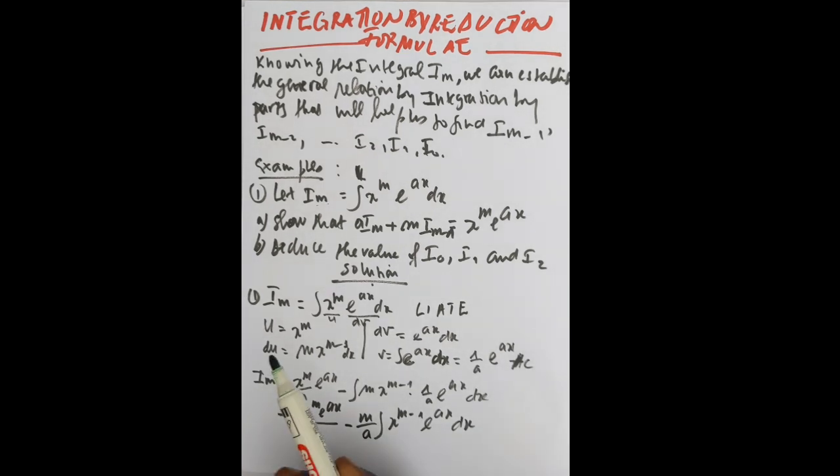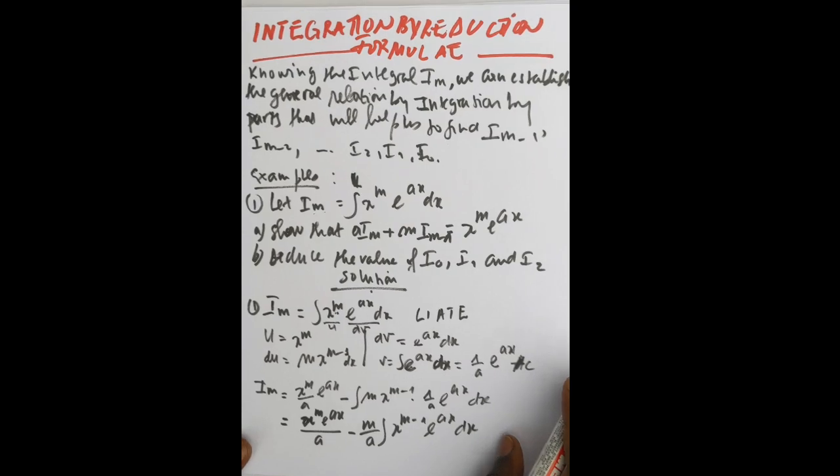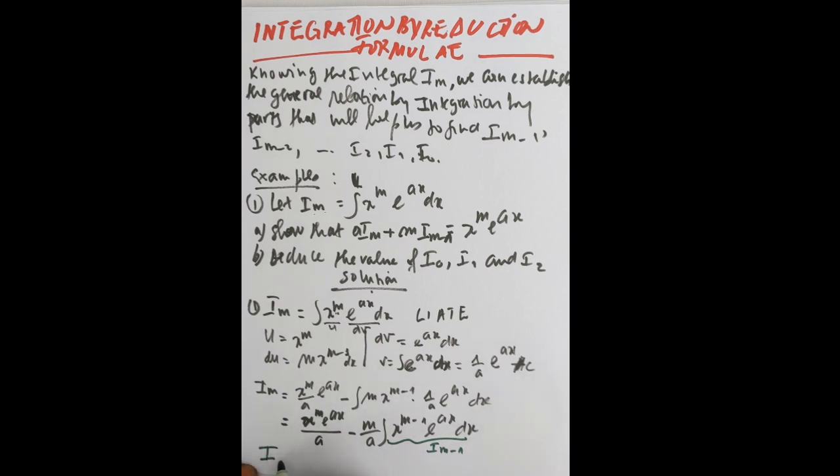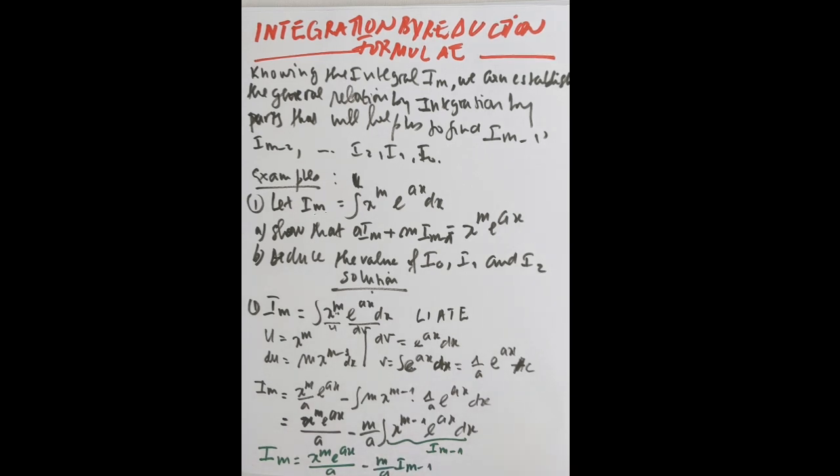We called this Im because of the power m here. So we can call this integral Im-1 because the power of x is m-1. So I can write Im to be equal to x power m e power ax over a minus m over a Im-1.